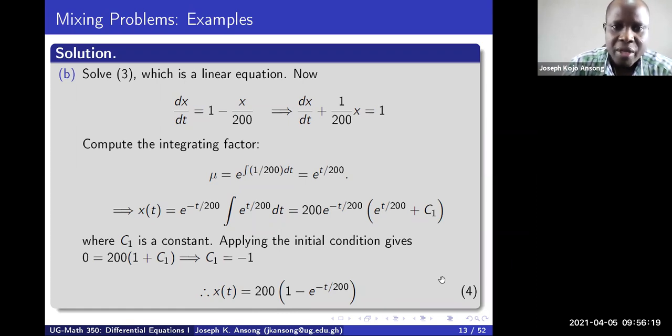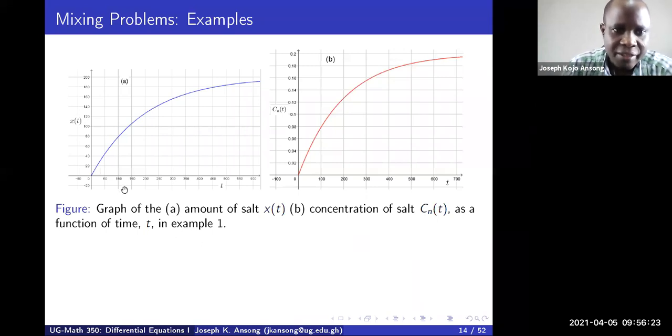So we have the amount of substance at each time. This is just a graph of X per time, okay? The graph on the left-hand side here. So initially, when t is 0, X is 0, the amount of substance in the tank is 0 because it's all fresh water. There is no chemical, there is no substance in it. It's fresh water, so it's 0. As t increases, we see that the amount of substance in the tank also increases and keeps increasing.